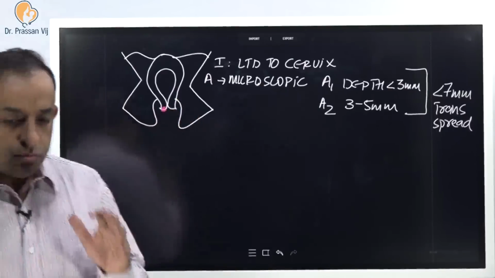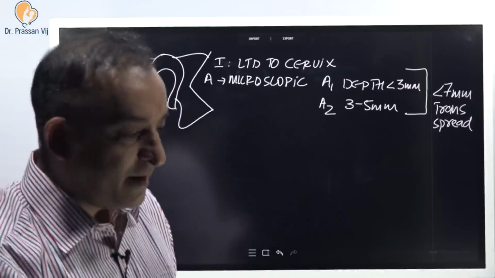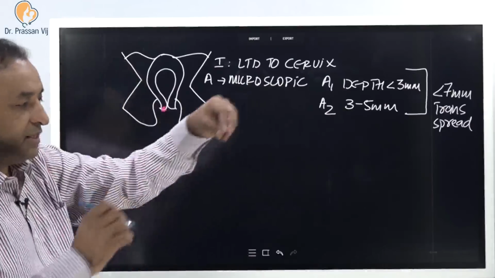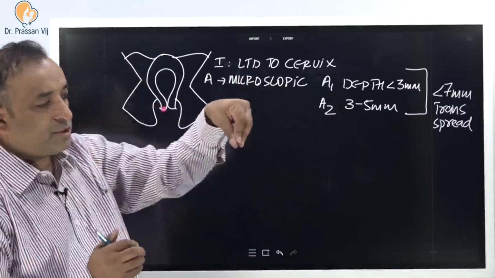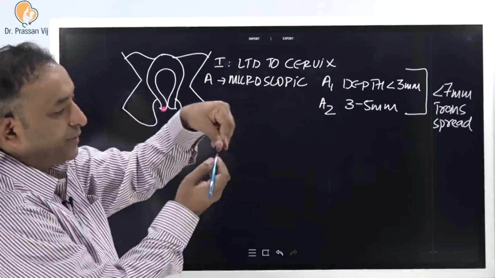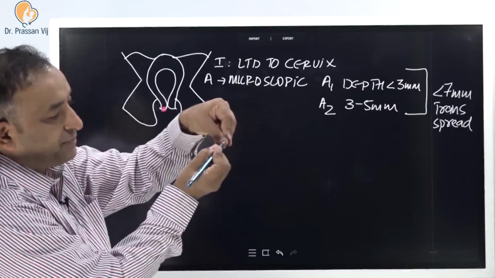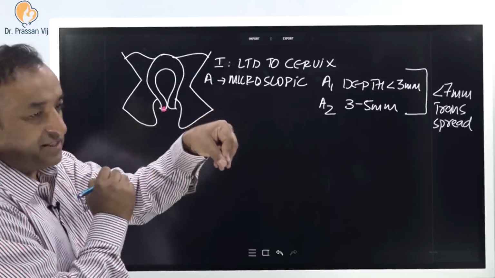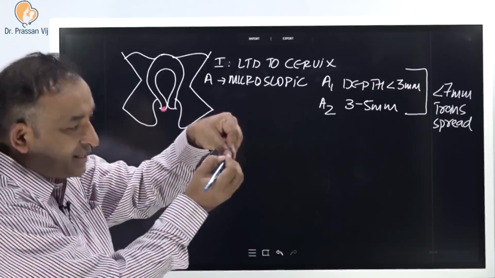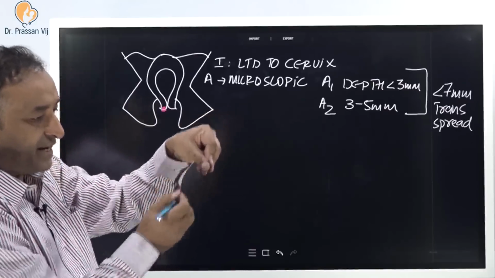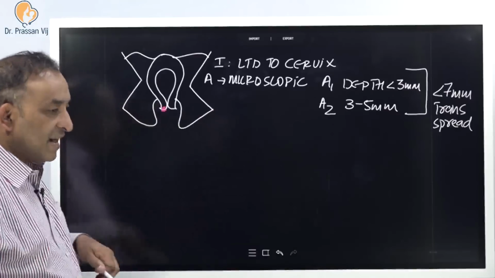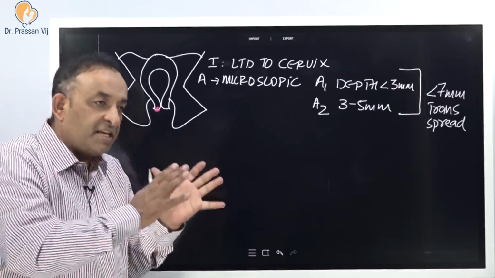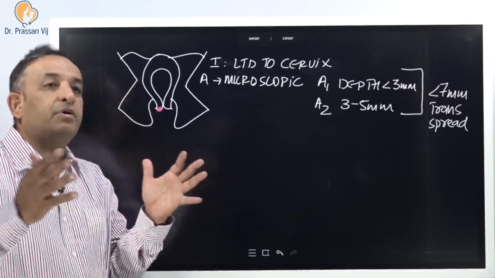Now, you think practically. I'll try to show you on my fingers here again. There is a growth which is spreading microscopically just about 3 millimeters and then 3 to 5 millimeters in the depth and then it is growing 7 millimeters in the spread. So, if you imagine there is a growth on the cervix which is 7 by 5 millimeters, maybe you cannot see it.